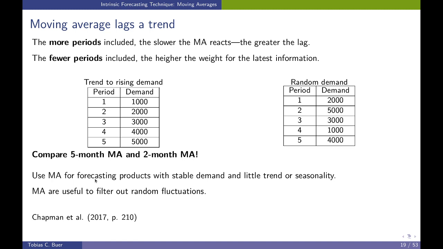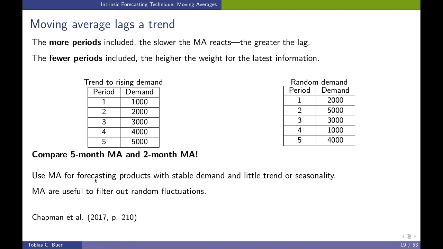Now if you calculate a 5 months moving average for this data, the result for both tables will be the same. What is the 5 months moving average? It's 15,000 divided by 5, and the average demand is exactly 3,000 units for both tables.